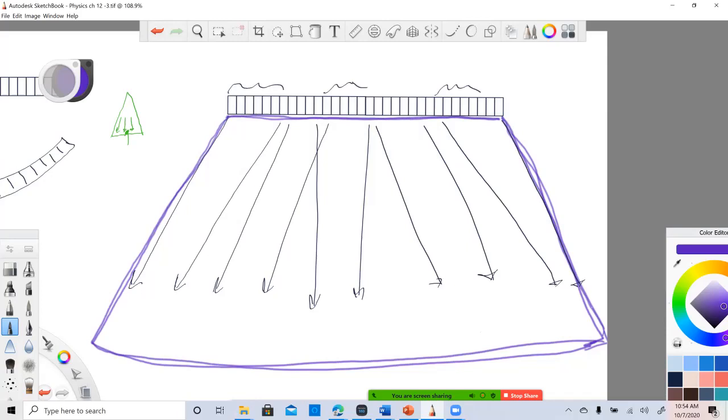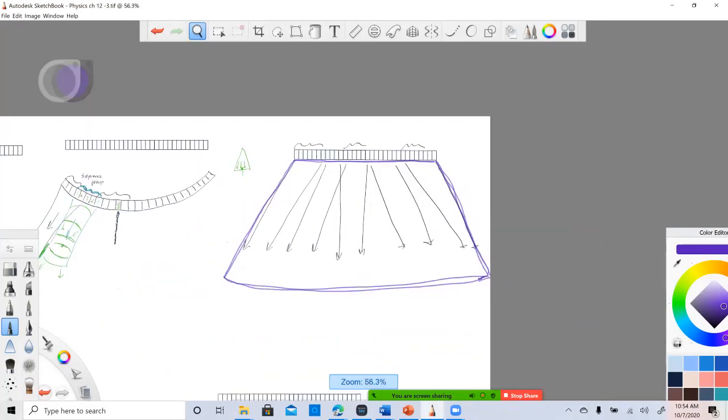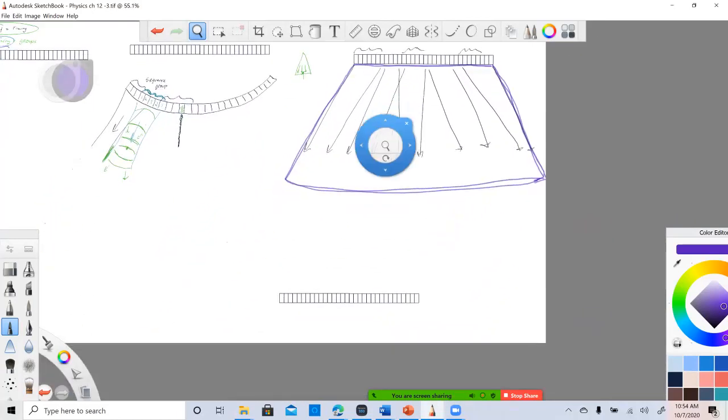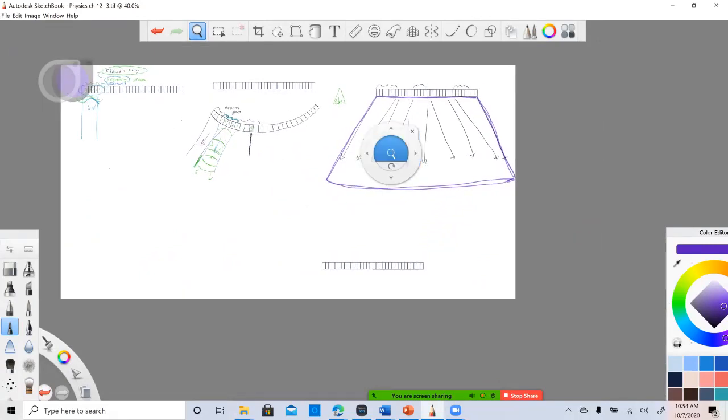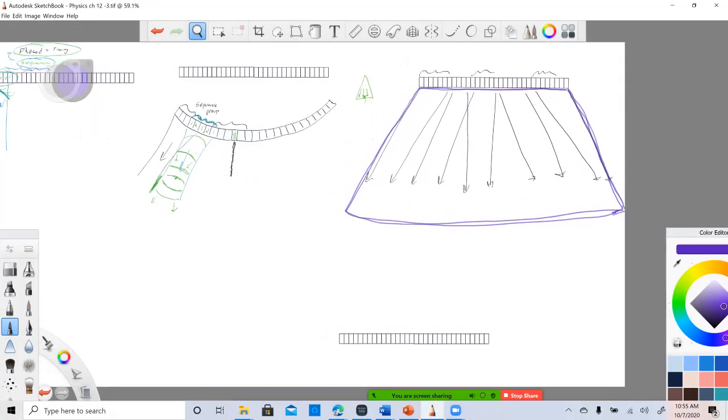That's the curved. Actually, you know what? Let's do something. Curved.